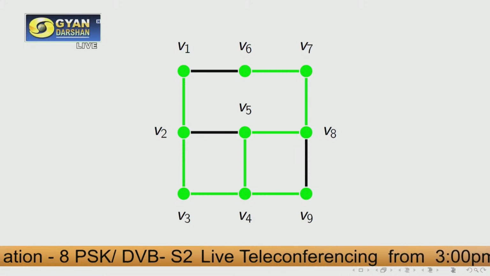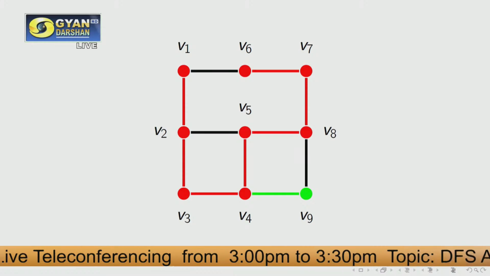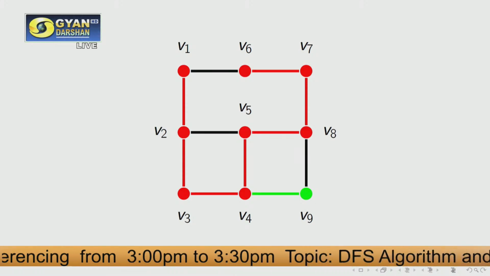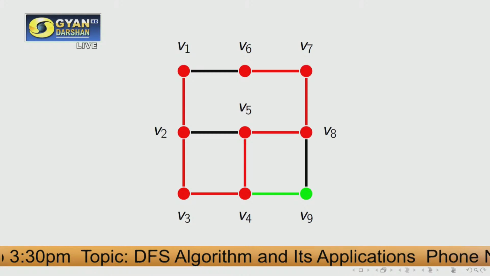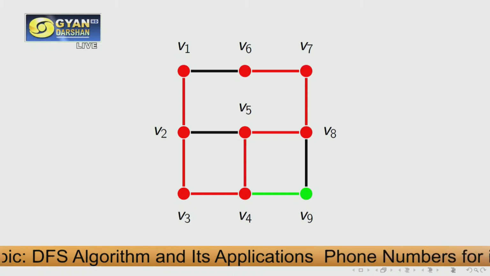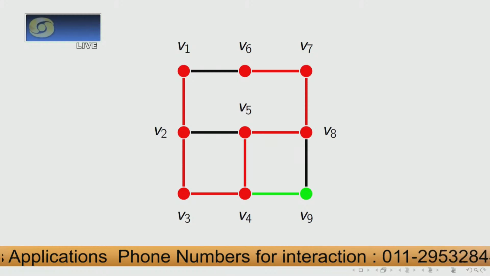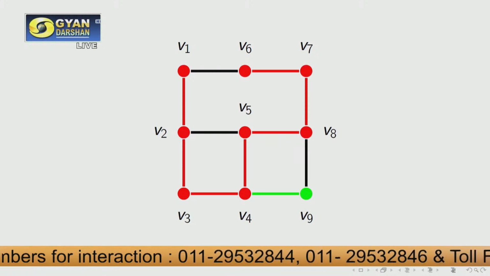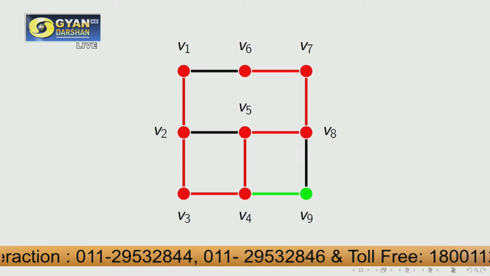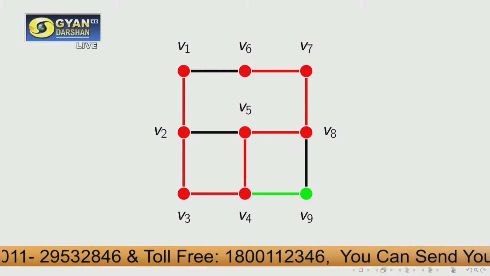And what is this path? This path is V1, V2, V3, V4, V5, V8, V7, V6. The path is shown in red edges. So this path along with V1, V6 gives us the fundamental cycle corresponding to the edge V1, V6. You can see that every edge gives one fundamental cycle, and exactly one.